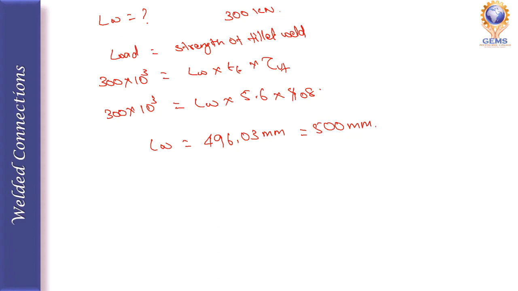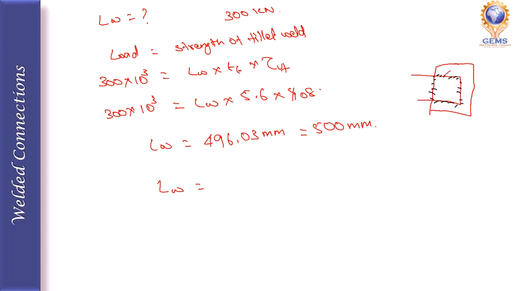Now we have to find the overlap. How can we find the overlap? By using the LW, from the diagram. We are assuming all 4 sides are going to be welded. So how much will the overlap come?